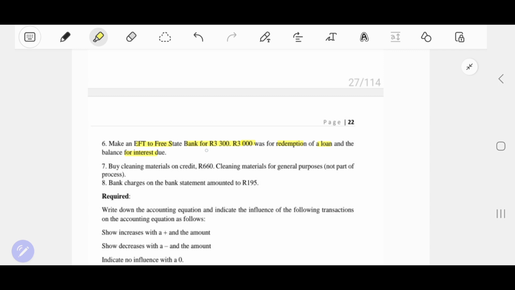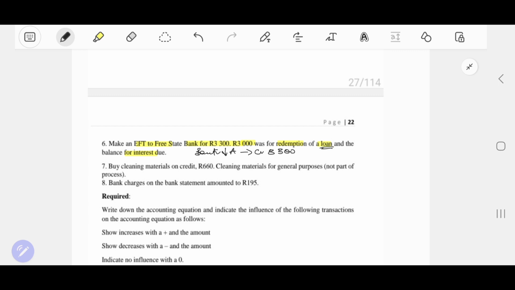So we paid one institution. So that means that our bank, which is an asset, is going to go down, which means that our assets are going down. And then our assets are recorded on the credit side. So you credit 3,300, and then this 3,300 is for two things: the redemption or the payment of a loan.